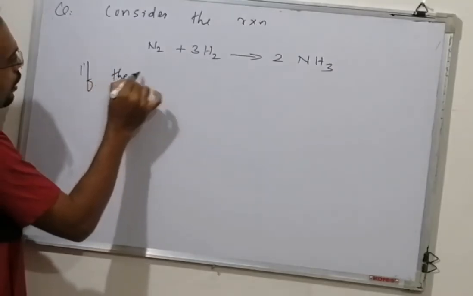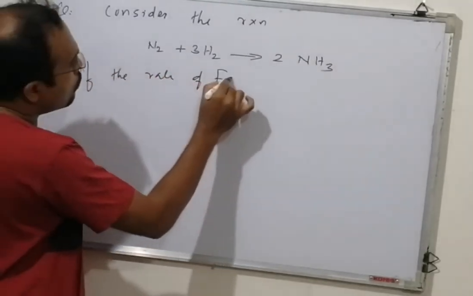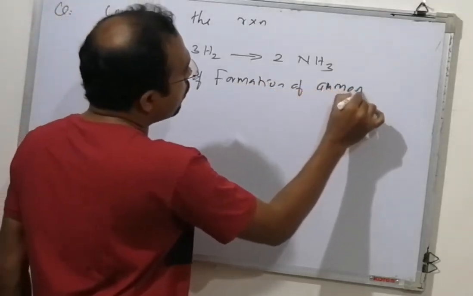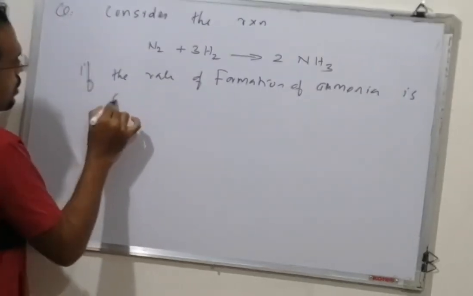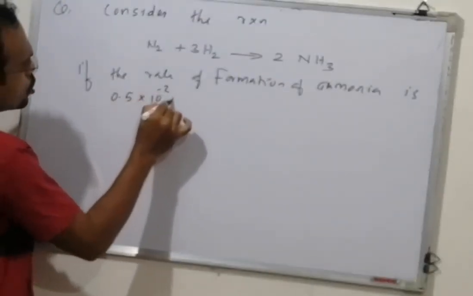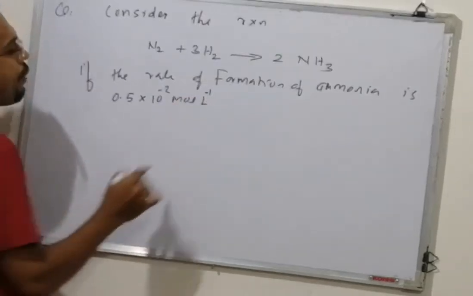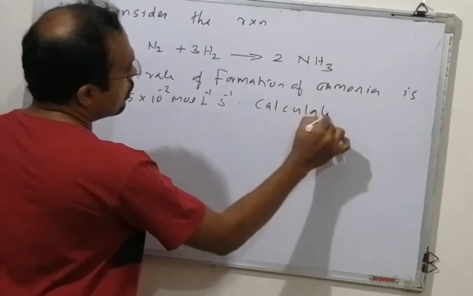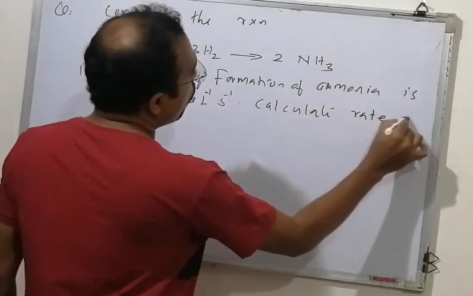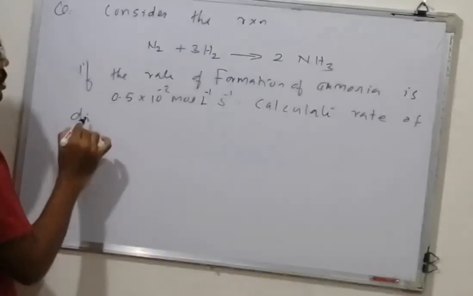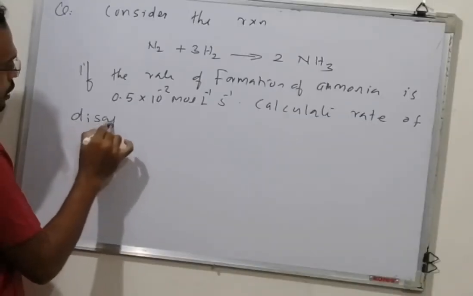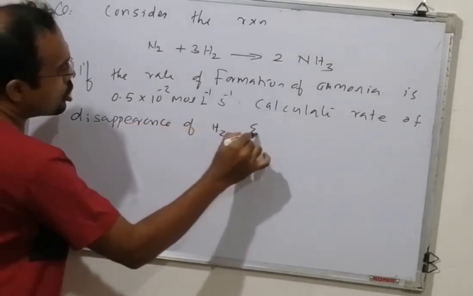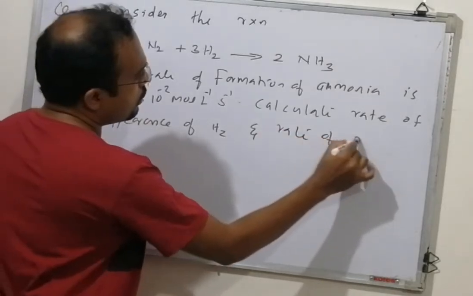If the rate of formation of ammonia is 0.5 into 10 raised to minus 2 mole liter raised to minus 1 per second, calculate the rate of disappearance of H2 and the rate of reaction.